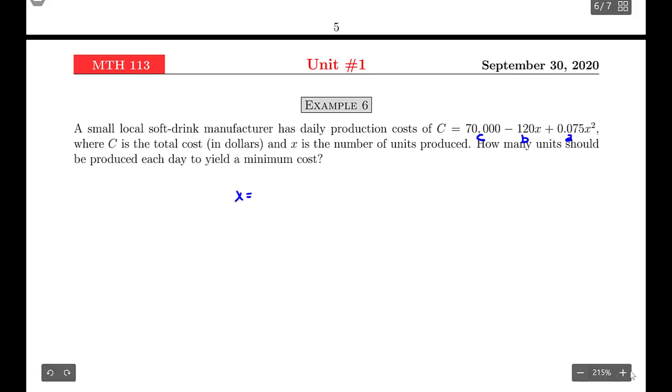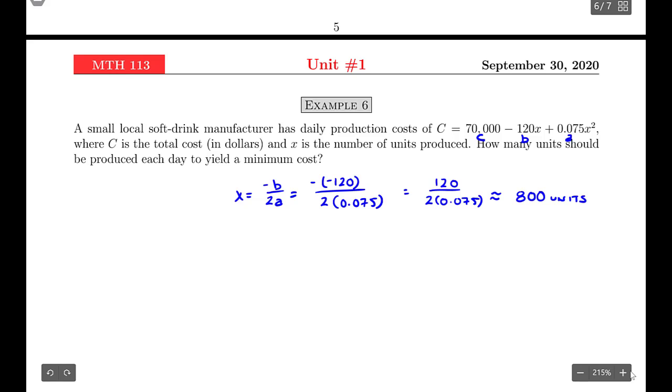So to find the vertex, again, it's negative b over 2a. b in this case is negative 120, and a is 0.075. When we simplify this, it ends up being positive 120 over 2 times 0.075, which is going to be approximately 800 units.